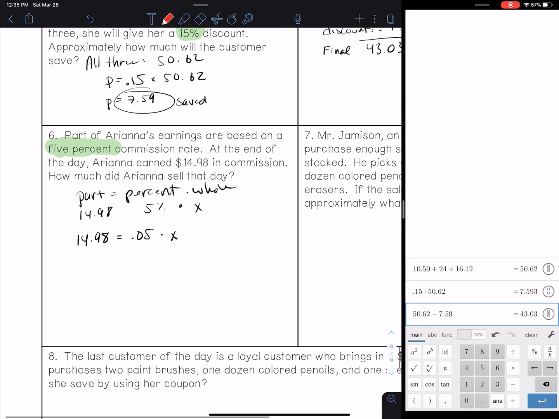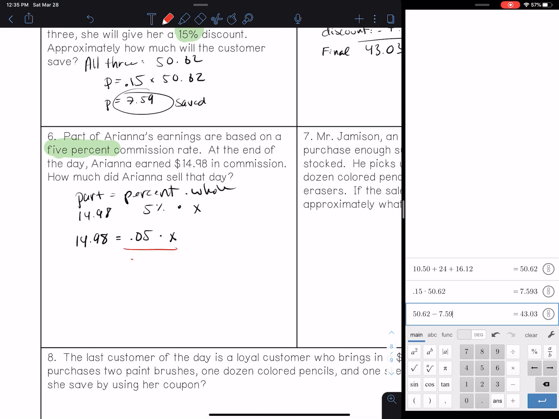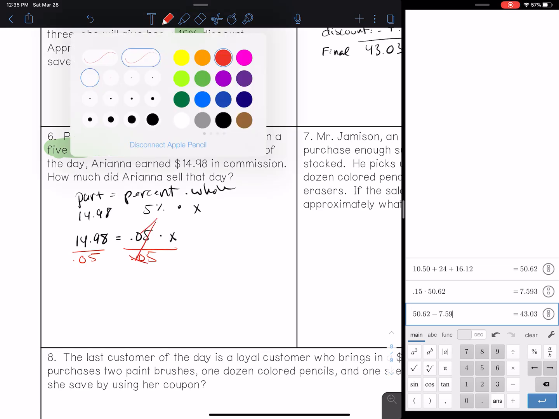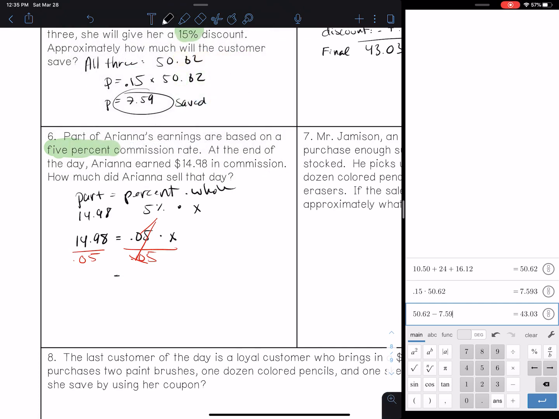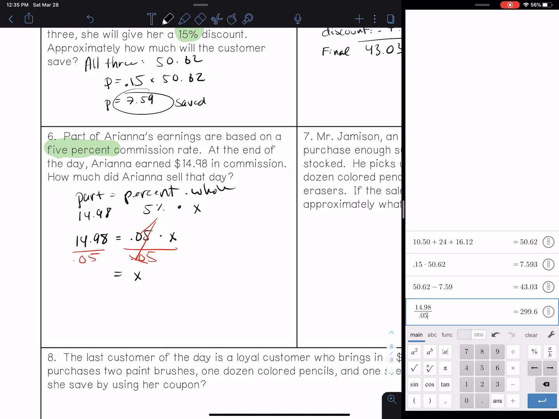I need to undo multiplication by dividing both sides by the coefficient, the number in front of the variable. 0.05 divided by 0.05, that's 1. And we're left with 1 times x, which is just x. On the left side, we're left with 14.98 divided by 0.05.